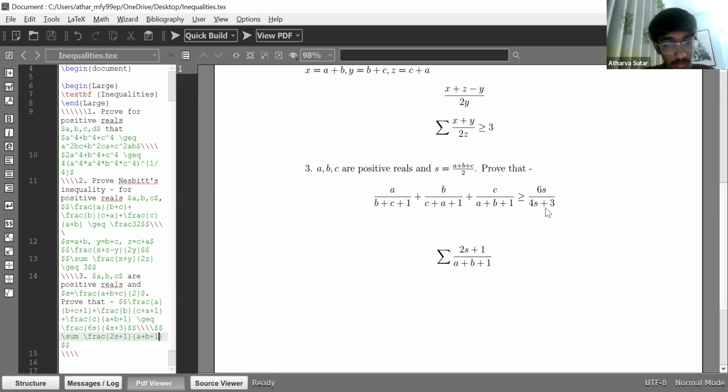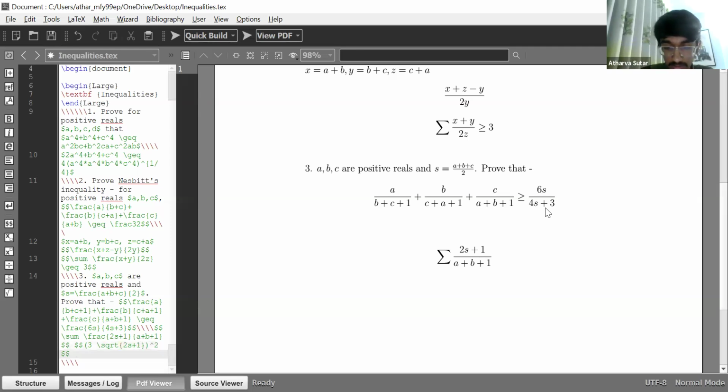And for the numerators, we get the following: 3 times the root of, oh sorry, 2s plus 1.